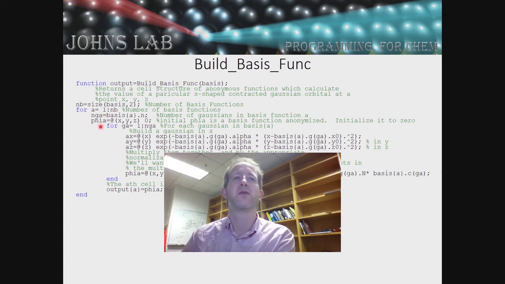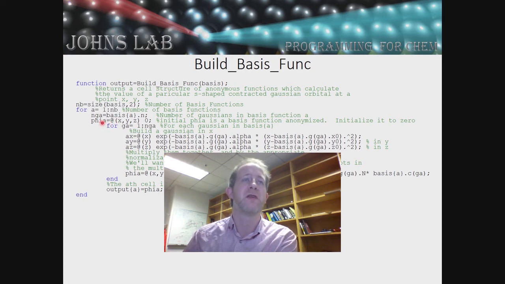And then this is where we get a little bit of MATLAB programming stuff. We're going to build what's called an anonymous function. And this is going to take our x, y, and z location and give out the basis value of that point. And so for each Gaussian, we're going to make a Gaussian in x, a Gaussian in y, and a Gaussian in z with the correct exponent and the correct location.